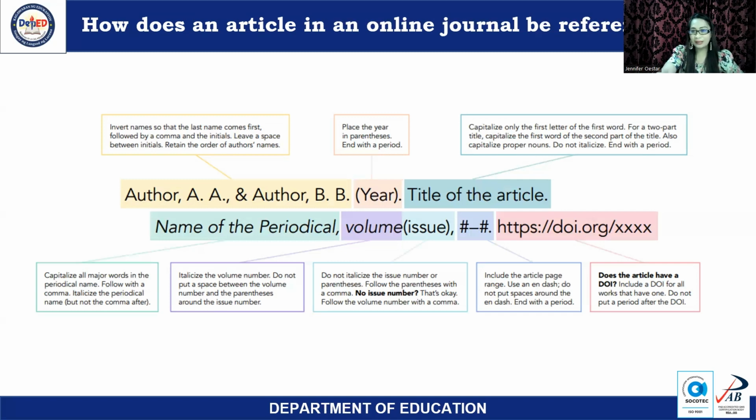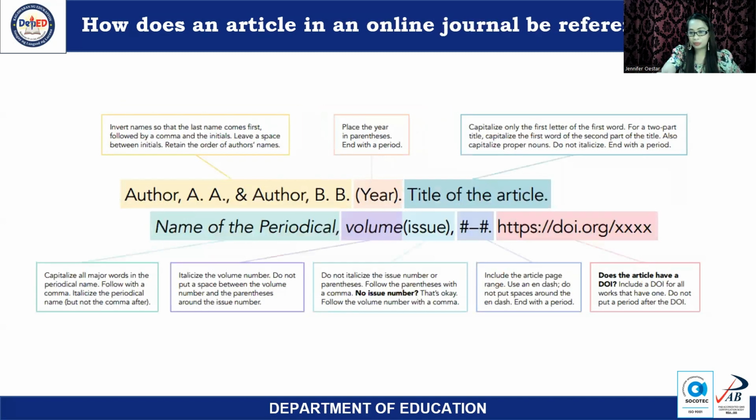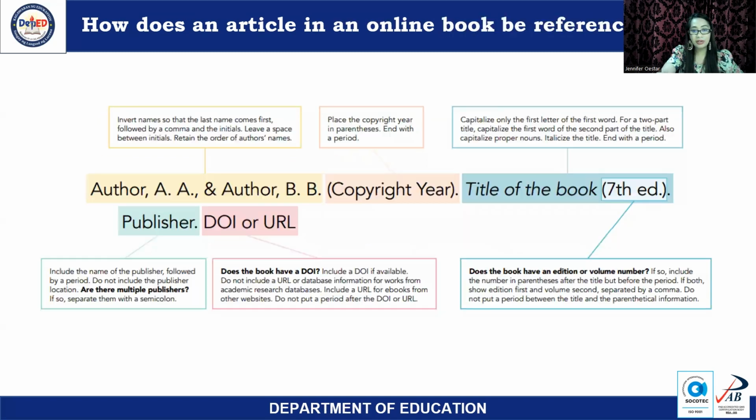Next set of examples. How does an online book be referenced? Online book. Invert names for the author or authors, so that the last name comes first, followed by a comma and the initials. Leave a space between initials.